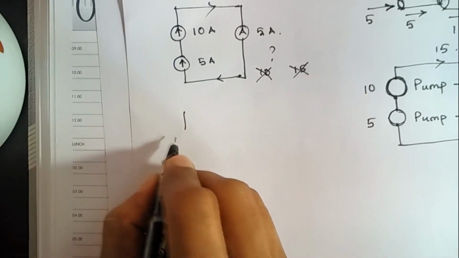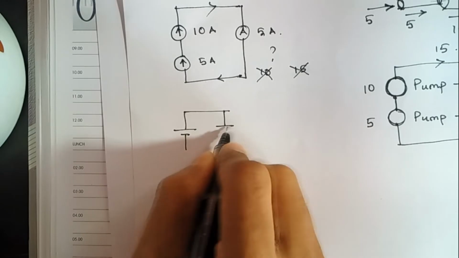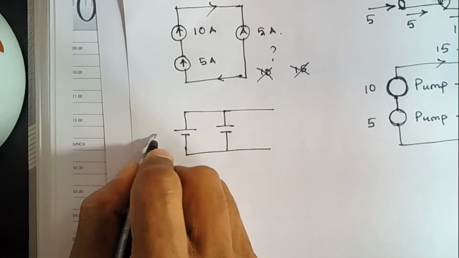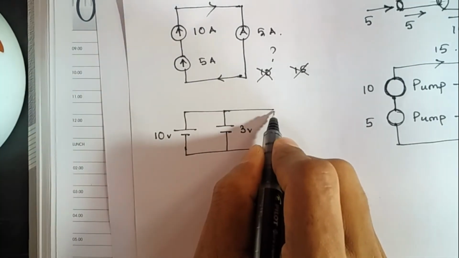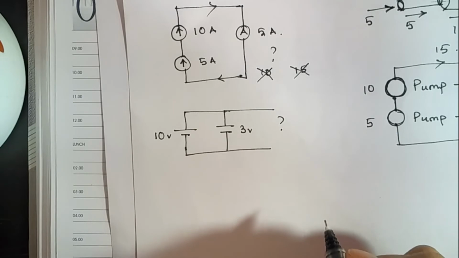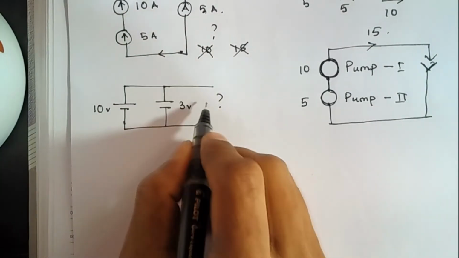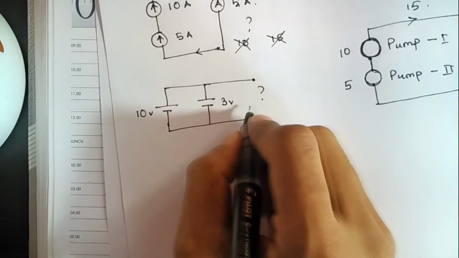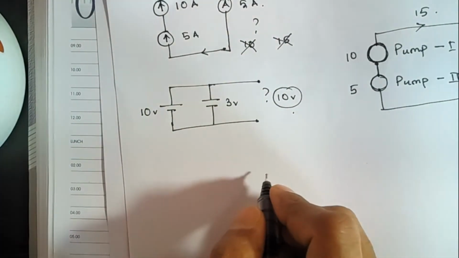Now if we connect two voltage sources in parallel, what will happen? This is 10 volt, this is 3 volt, then what? Again, how much voltage will we see? We will see 10 volt. But why?